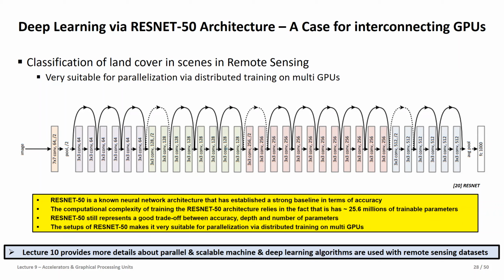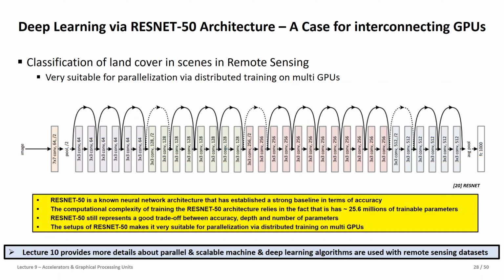You have to do architecture tuning and optimizing, similar to what we discussed in the last lecture 8, where physical codes maybe have to rearrange their MPI strategies in terms of finding patterns which are perhaps not so good in terms of performance. We have a similar problem here: you cannot just think that when you have an application problem in the data sciences like remote sensing, you take ResNet 50 and it works directly off the shelf.